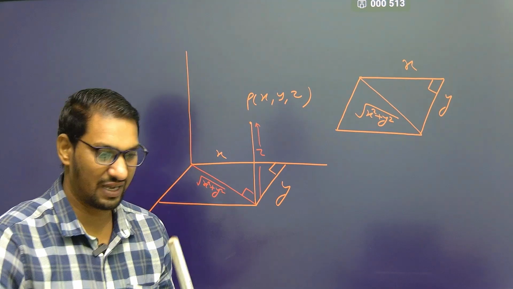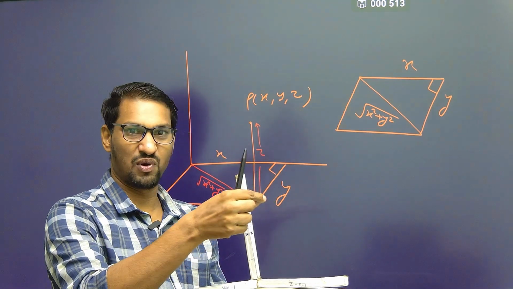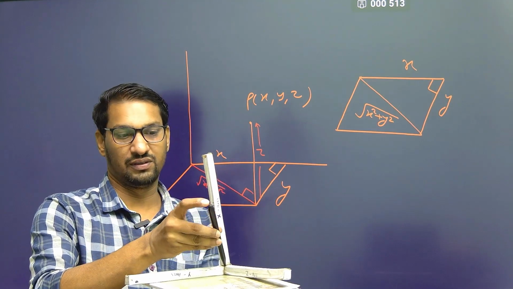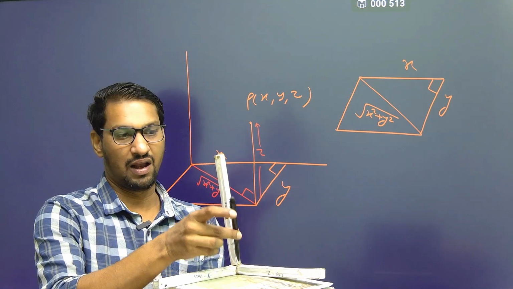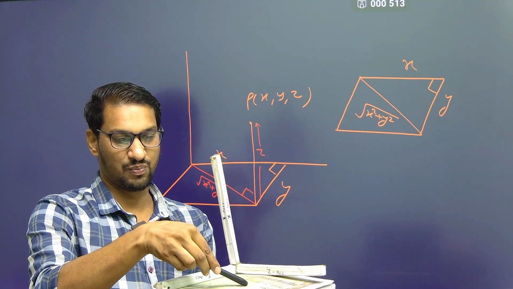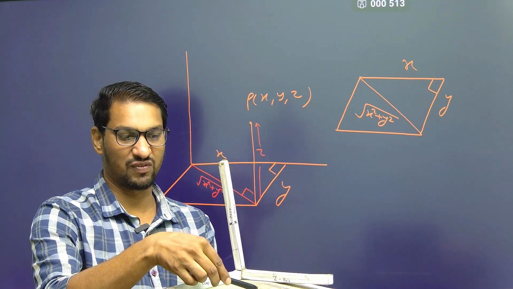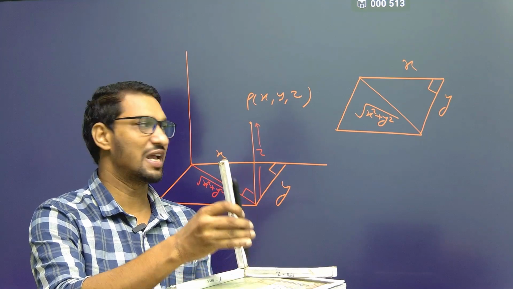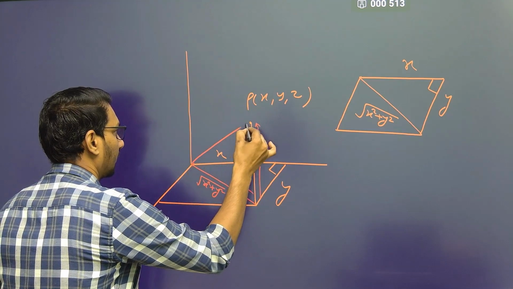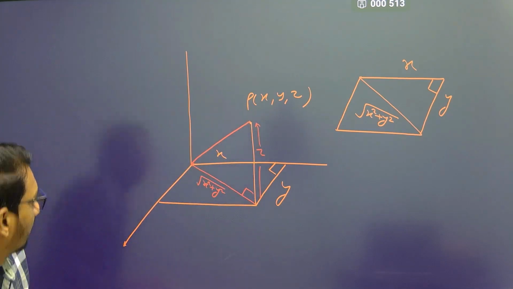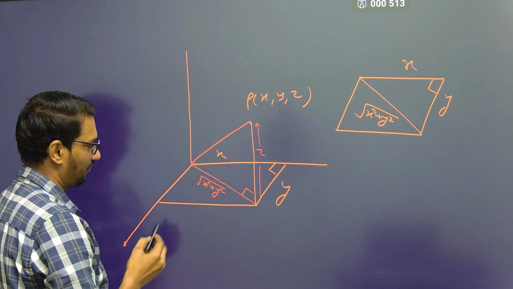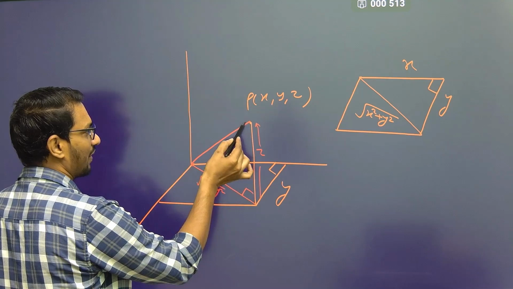Clear? We can see here, suppose this is point P, so this is OP. This base is square root of x square plus y square, and this height is equal to z. If we join OP, then OP can be found by Pythagoras theorem, because this is base and this is perpendicular.